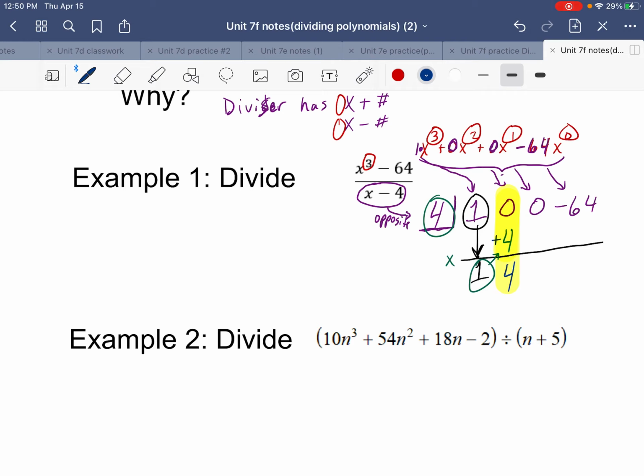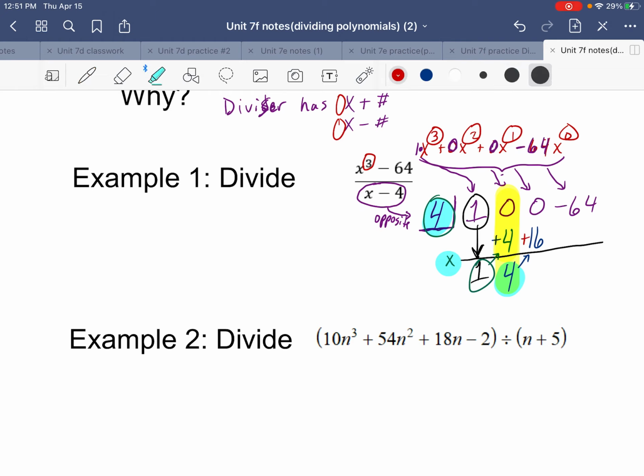You're going to do now, what's your opposite, the divider. You're going to do 4 times 4, and that is going to be 16, and that will go up next to, underneath the next coefficient. And now we're going to add again.